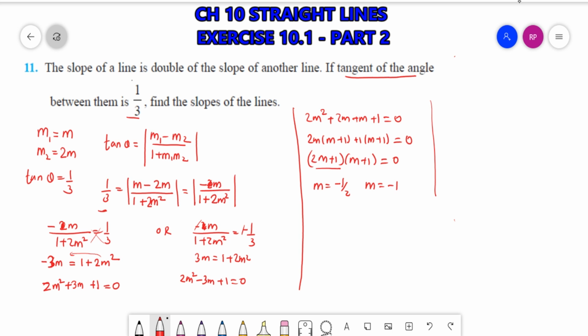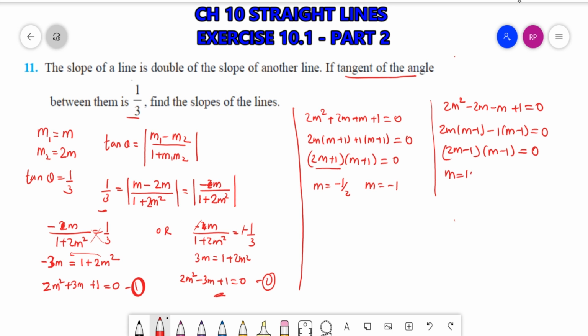On the other side, if I solve the other equation, 2m square minus 3m plus 1, I can write it as minus 2m minus m plus 1 equal to 0. 2m common, m minus 1, minus 1 common, m minus 1 equal to 0. So 2m minus 1, m minus 1 equal to 0. So m is equal to 1 by 2 or m is equal to 1.